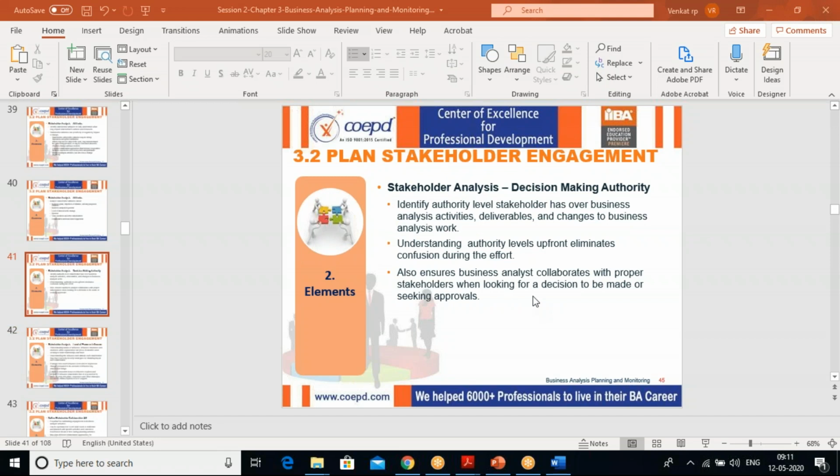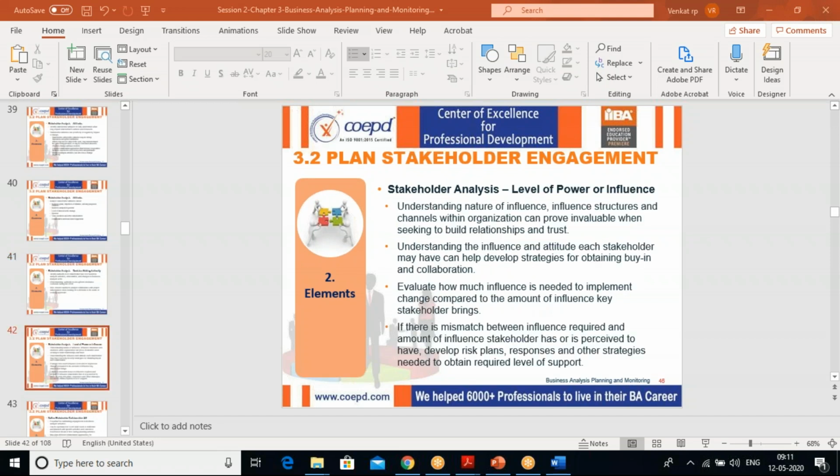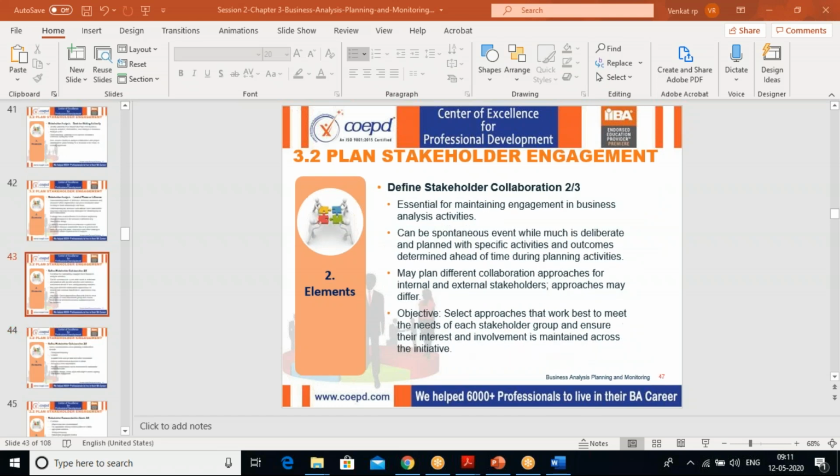Fine. And then we have to identify the decision making authority and the level of power they hold. We need to identify and understand them. And then we have to see how we are going to go for the collaboration mode.